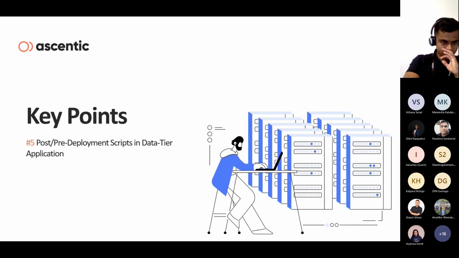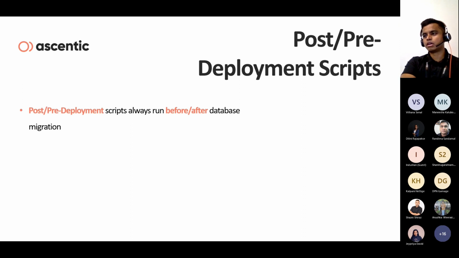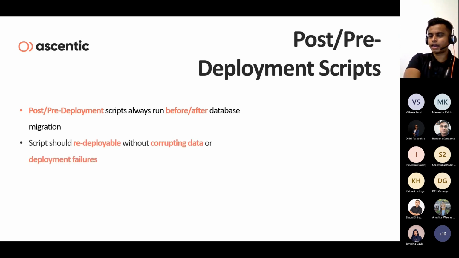The next one is post and pre-deployment scripts in Data-tier Applications. Post and pre-deployment scripts always run before and after a database migration. If you want to insert some data into one of your tables, you can use a post-deployment script.